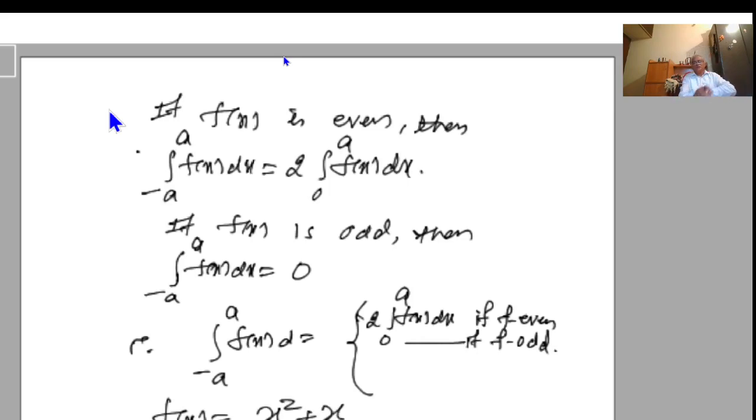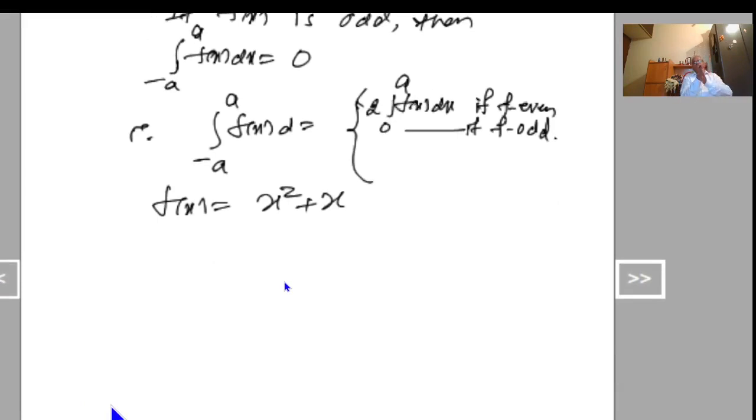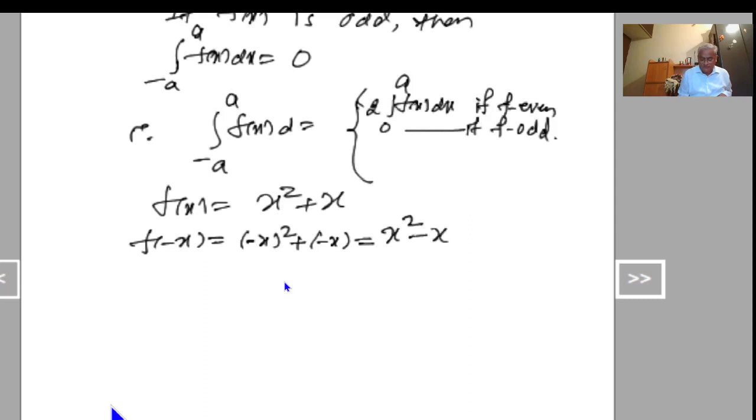Okay. Now if I consider a function, say f of x equal to x square plus x. Is this an even function or an odd function? Let me verify. F of minus x is equal to, replacing x by minus x here, minus x whole square plus minus x. This is equal to x square, plus into minus, minus x.